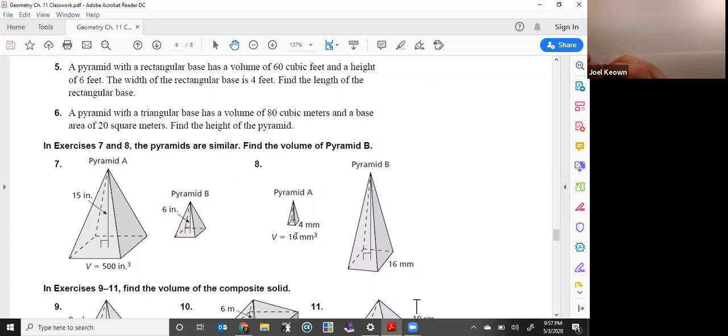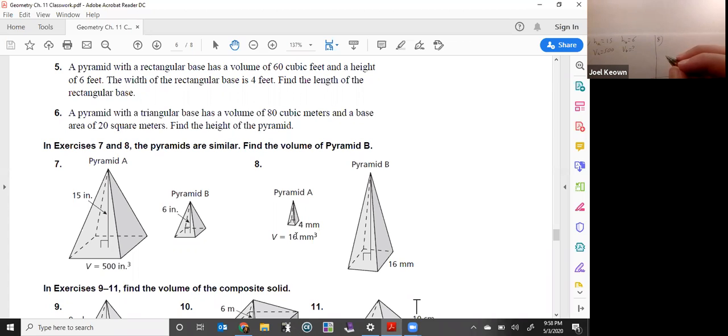So, here's number 7. We have the height of A is 15. The height of B is 6. Volume of A is 500. Volume of B is 9. Over here for number 8, they're giving me a side.